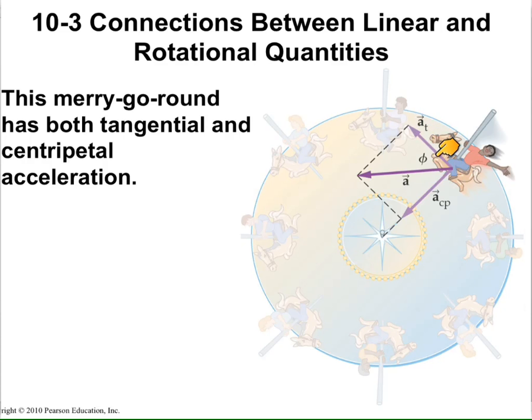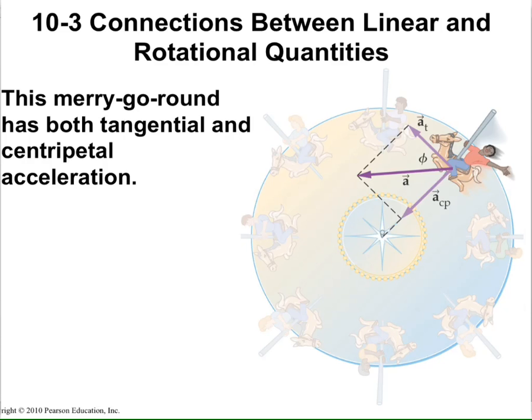This will be tangential acceleration. And since it's a circular motion, you always have this centripetal acceleration. The total acceleration will be something like this, because acceleration is a vector. So to find the total acceleration, I must add these quantities vectorially. Not algebraically, but vectorially.